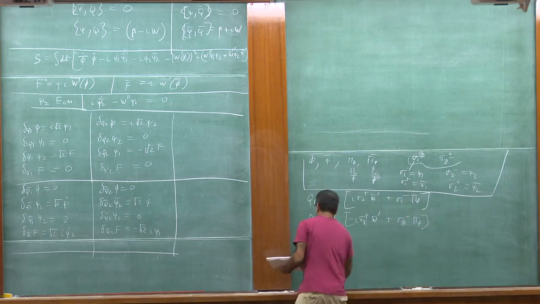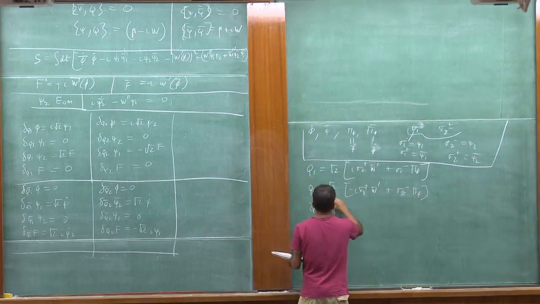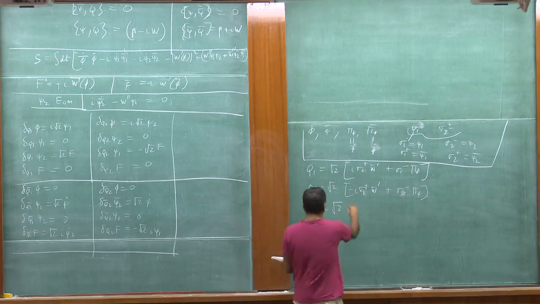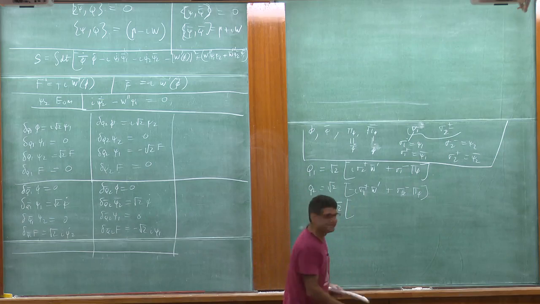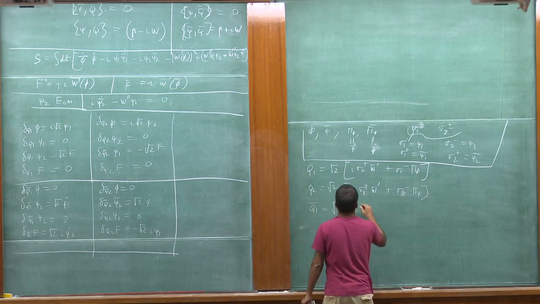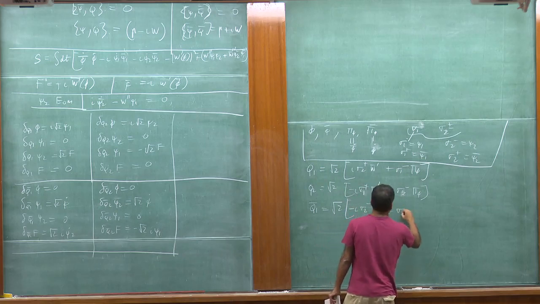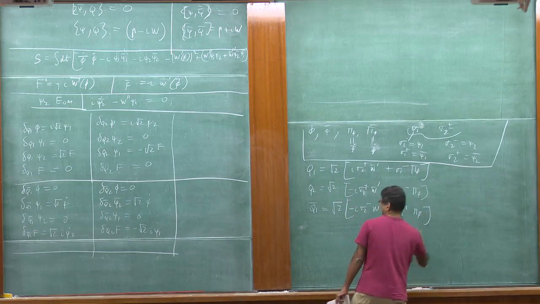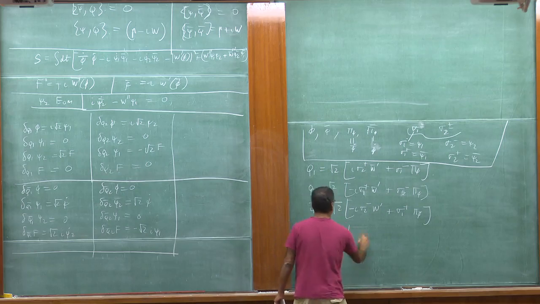Right? And then there's also Q1 bar and Q2 bar. And this we will check, but the mnemonic is that these two should be Hermitian conjugates of each other. Okay, so it's minus I sigma 2 minus W prime plus sigma 1 plus pi phi bar, and Q2 bar is equal to square root 2.